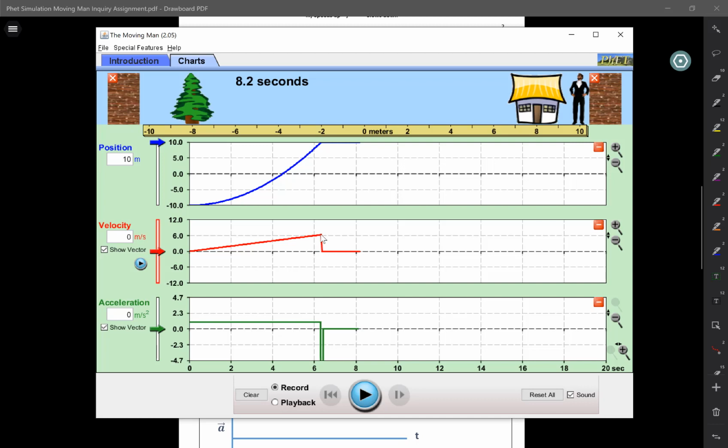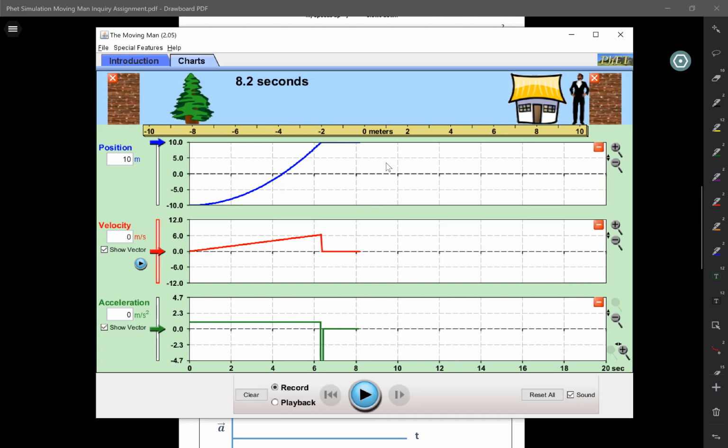Notice your velocity time graph does the same thing, where it suddenly becomes 0. And when we talk more about these graphs in class, we can talk about slope on a velocity time graph and what that means, and how to extract acceleration from velocity time graphs.